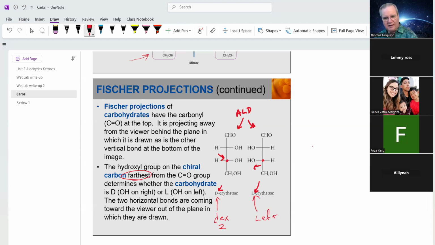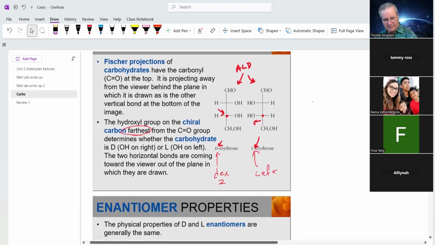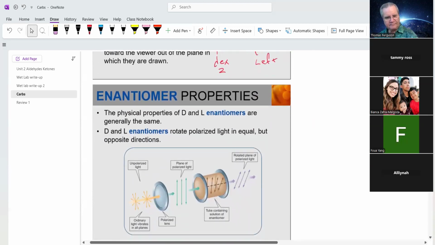Now, again, this is not the form that we're going to be using much of in here.